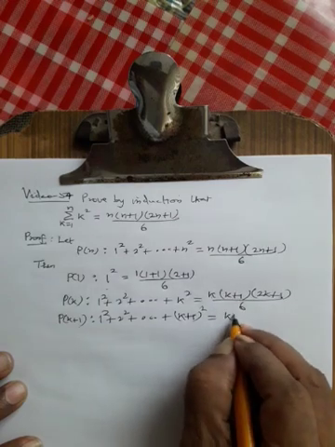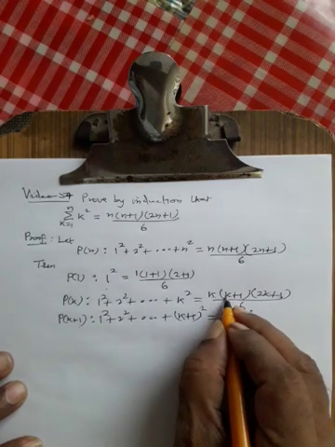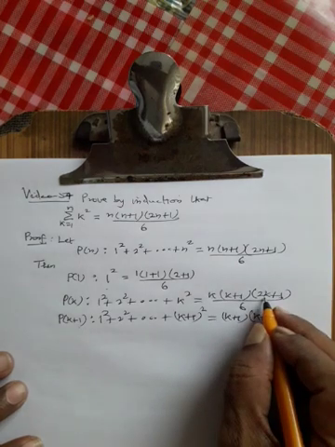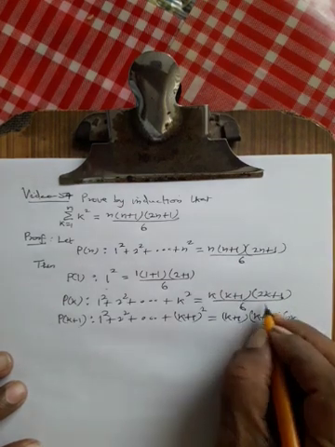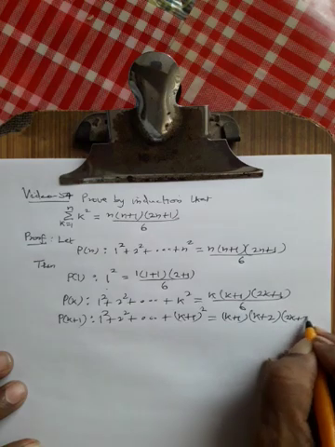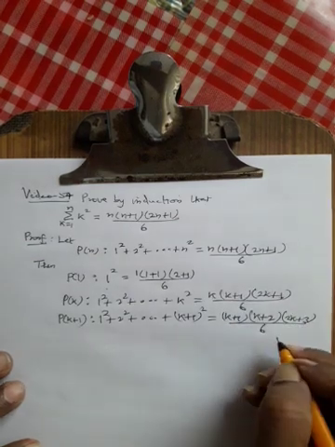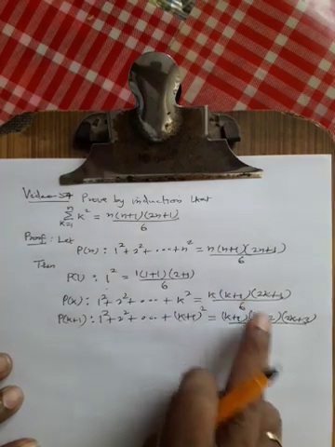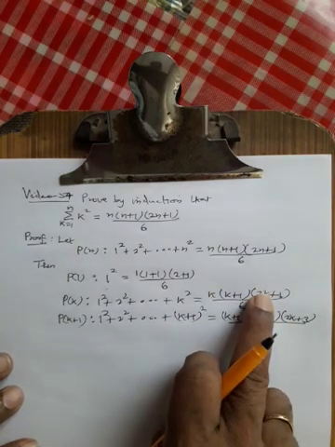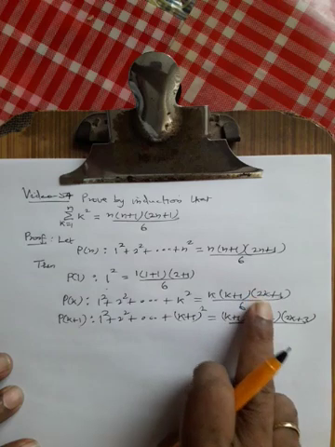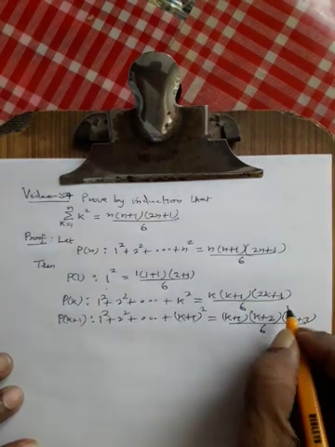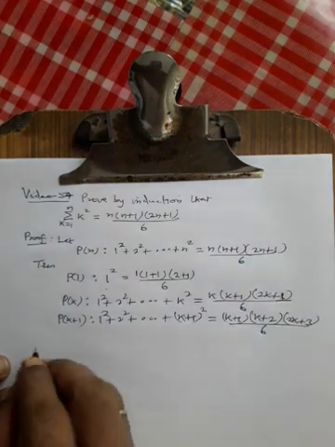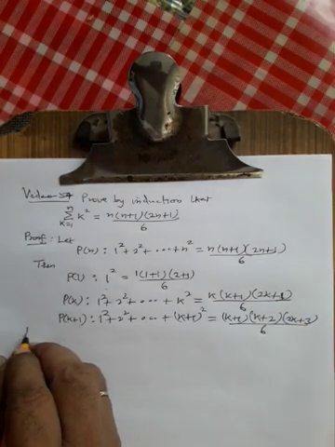Here k becomes k plus 1, k plus 1 becomes k plus 2, and 2 into (k plus 1) is 2k plus 2, plus 1 is 2k plus 3, by 6. So we replace k by k plus 1. Now we have to go for the basis step.